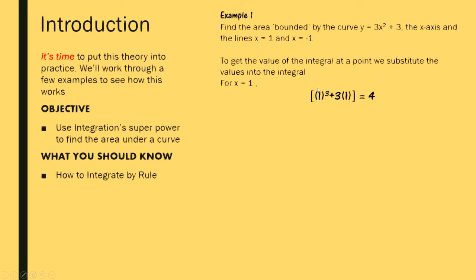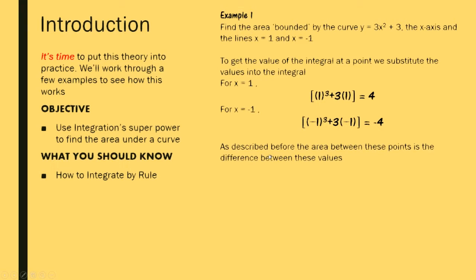So for x equal to 1, I'm going to substitute x equal to 1 into our x cubed plus 3x. I get 1 cubed plus 3 times 1, that gives me 4. And for x equal to minus 1, I get minus 1 cubed plus 3 times minus 1, which equals minus 4. Remember that the area is what you get when you subtract your lower limit from your upper limit.